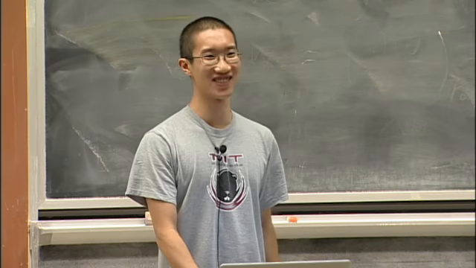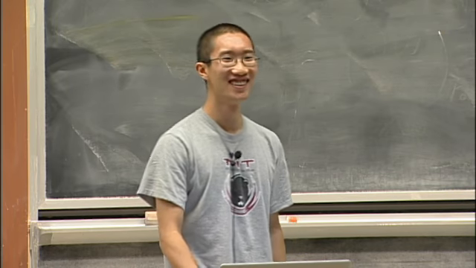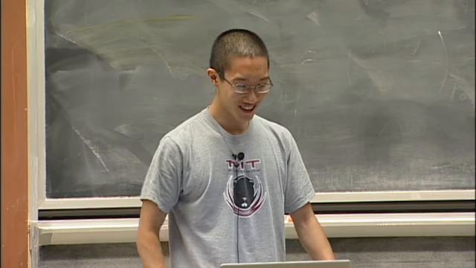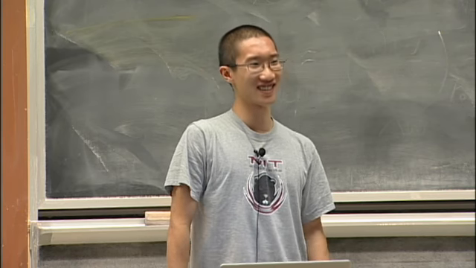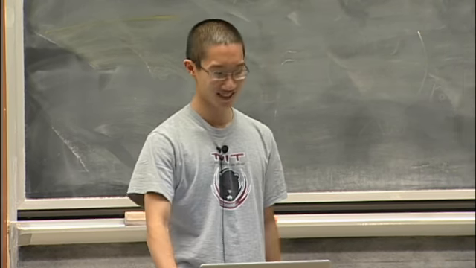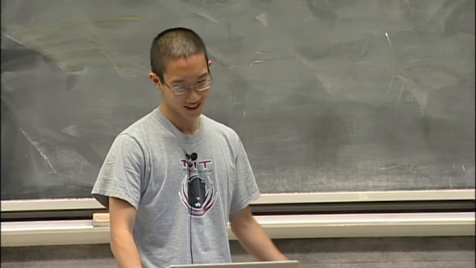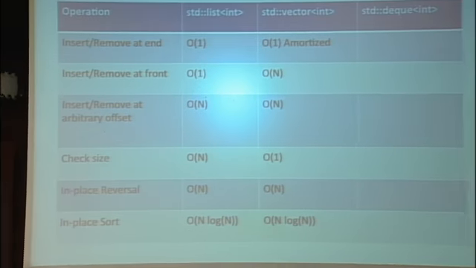Some people are getting pessimistic about the STL. That's my personal opinion, but I won't transfer that onto you. It turns out that for a vector, yes, it is constant time to check the size. So that's okay. In-place reversal, linear time, and sorting is n log n, which is not surprising by any means.